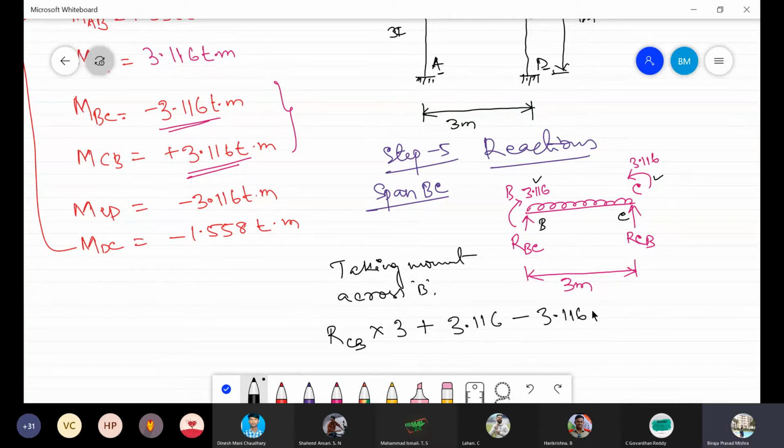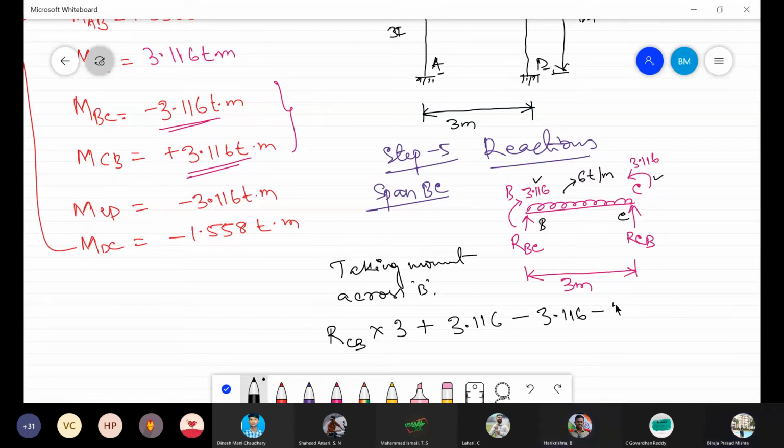It will be minus W. How much is the W? It is 6 tons per meter. So what will be the formula? WL by, or WL square by 2. WL square by 2, right?